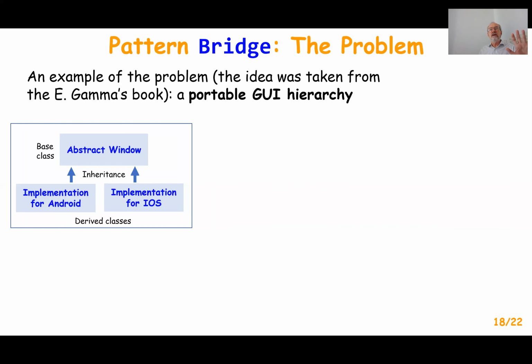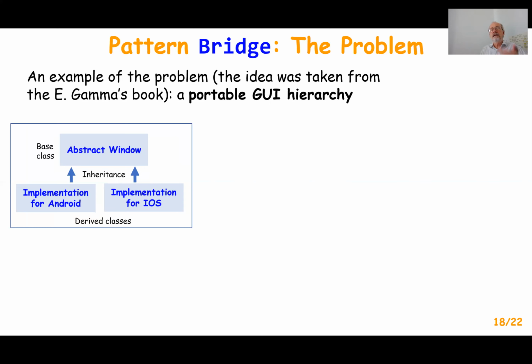Okay, this seems logical and natural, but think, one day we need to extend the window abstraction. You understand that window is a very high level abstraction. In reality, we need lower level abstractions.